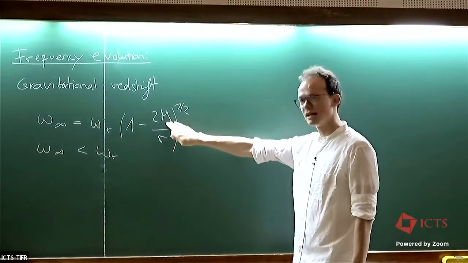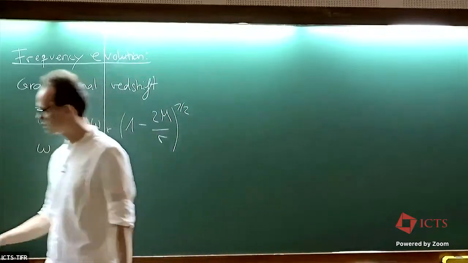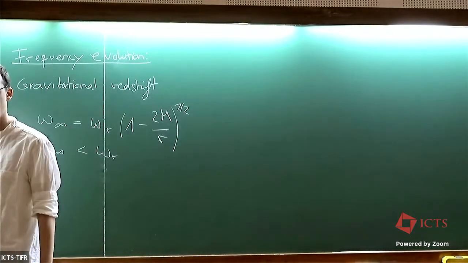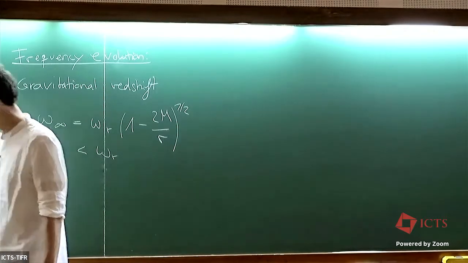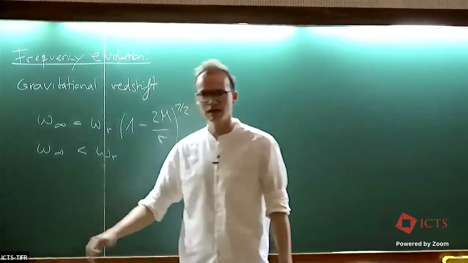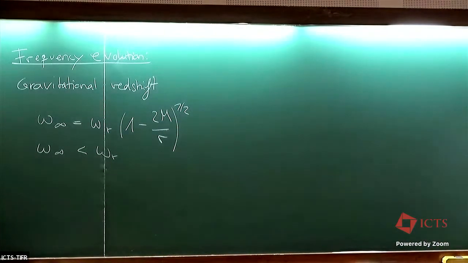Because we know that the mass of the system changes over time, right? The cloud extracts some energy from the black hole, and then the mass decays over time, okay? So at late times, we're basically left with no cloud, but a black hole that has a lower mass, okay?